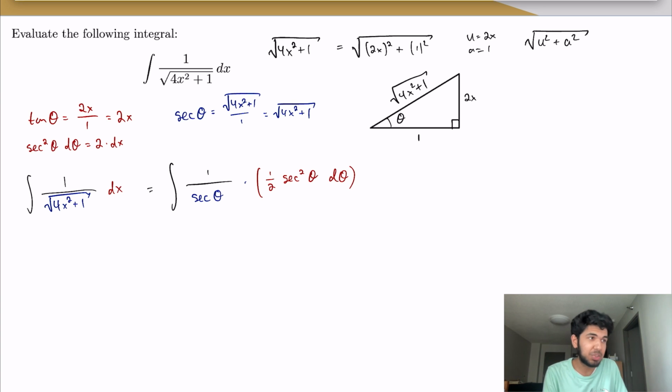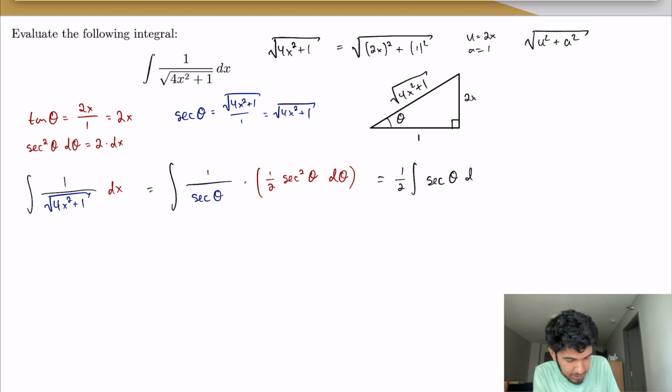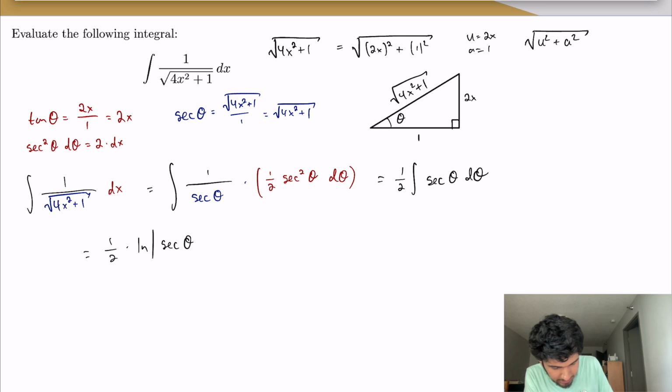So now we are in the world of thetas, which is good. And we can see that things cancel out really nicely. This becomes 1/2 integral secant of theta d theta. And we know what the integral of secant of x is, so this is just the same thing now with thetas. So that will be 1/2 times the natural log of the absolute value of secant theta plus tangent of theta plus c, because it's an indefinite integral.